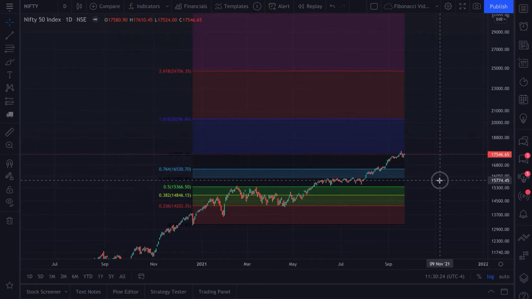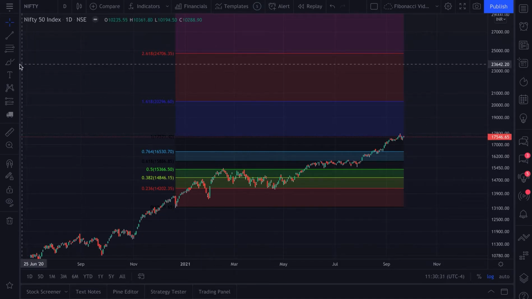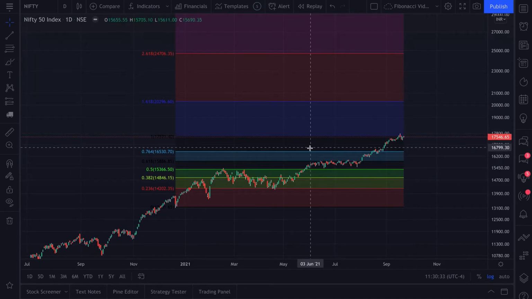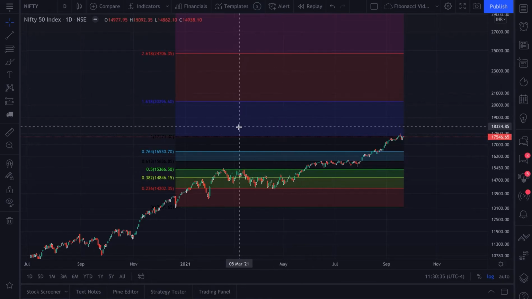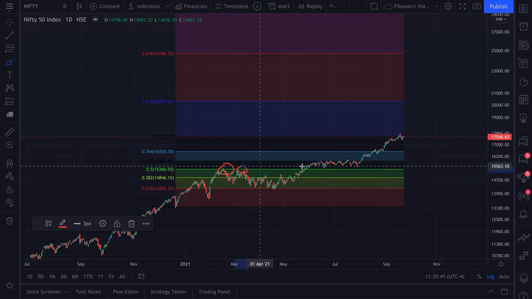So now we could use this tool to try to map out some zones of support. And by the way, what's always interesting about this tool is you apply it to a chart, it just shows you all of these colors and ratios for you to quickly examine. You don't even have to use it to place a trade, but it's pretty cool to see how sometimes the Fibonacci levels just align perfectly with support and resistance.